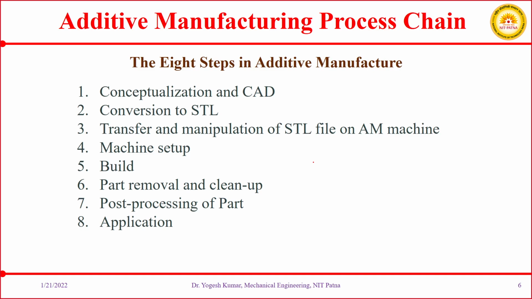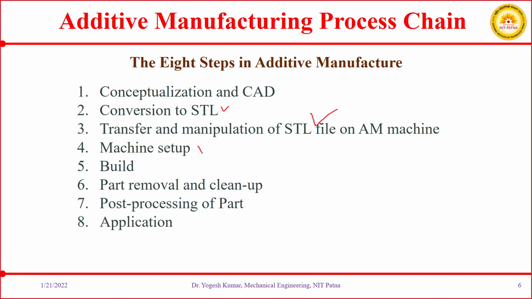Just for revision, the first step is preparation of your CAD model in your solid modeling software. Then you need to convert that solid model into an STL file. Then you transfer that STL file to the additive manufacturing machine.